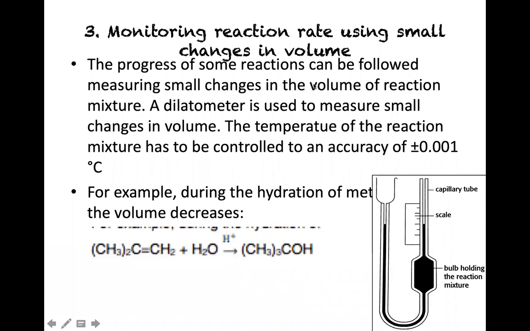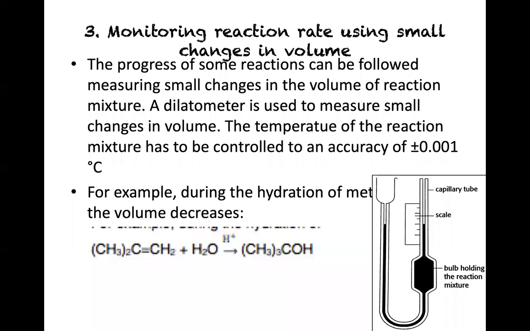The progress of some reactions can be followed by measuring small changes in the volume of reaction. So we use a dilatometer, okay? It is used to measure small changes in volume, and the temperature of the reaction has to be controlled. You have to ensure that temperature is constant.